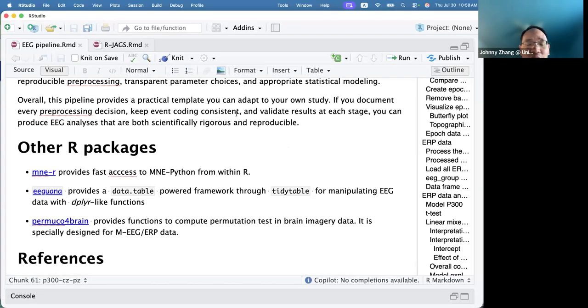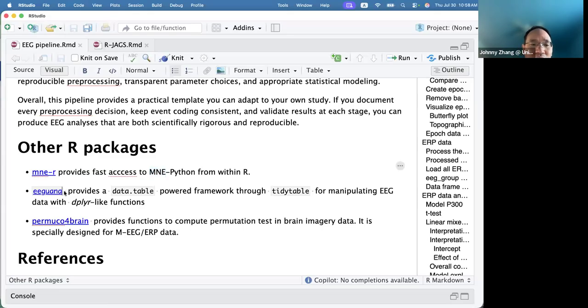There are also many other R packages we can use for doing EEG data analysis in R. The MER is an R package that provides a connection to the Python package MNE, so you can actually pre-process the data using Python within R first, and then do the statistical data analysis.